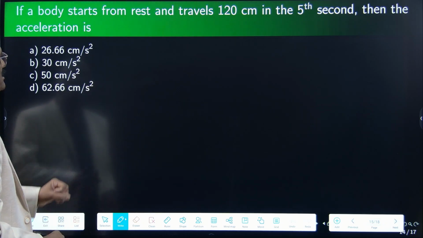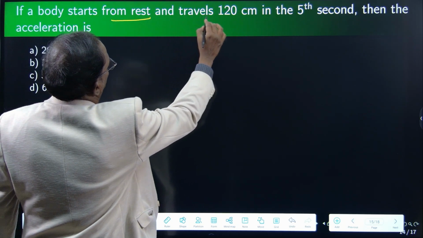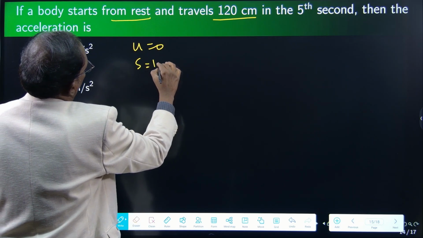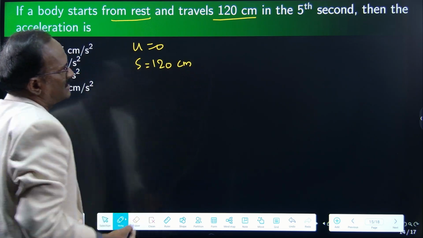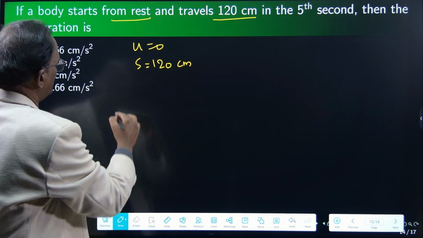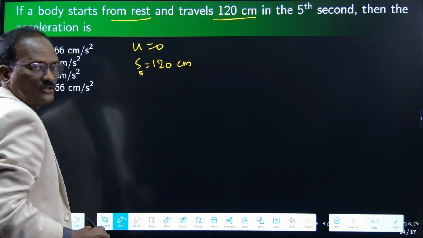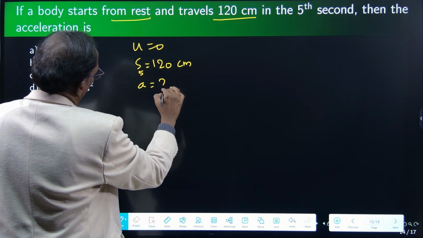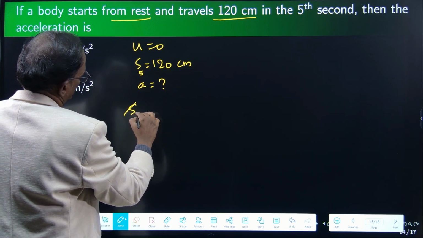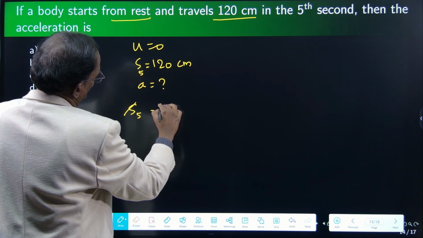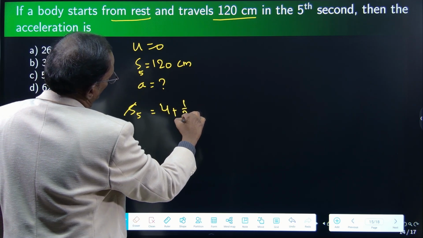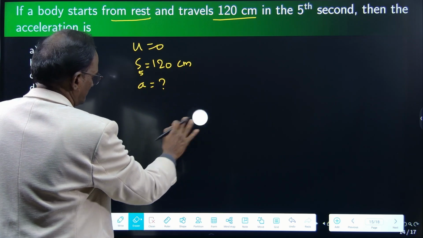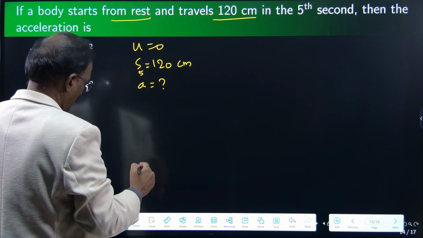Next problem: if a body starts from rest and travels 120 centimeter, u is equal to 0, s is equal to 120 centimeter in the 5th second, that means s suffix 5 is equal to 120 centimeter. Then the acceleration is what? First let me write the formula.